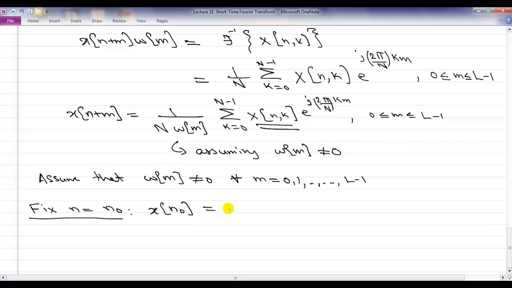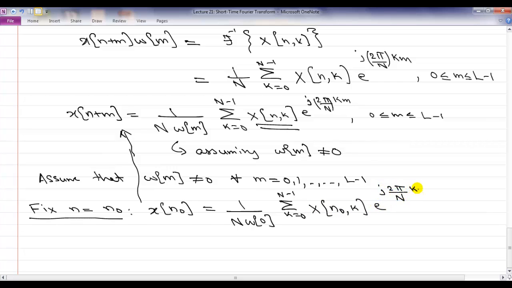That can be recovered by simply plugging in m equal to 0, and I recover x of n naught, because that is simply given by this summation, k equal to 0 to N minus 1, X of n naught, k, e to the j 2 pi over N km.